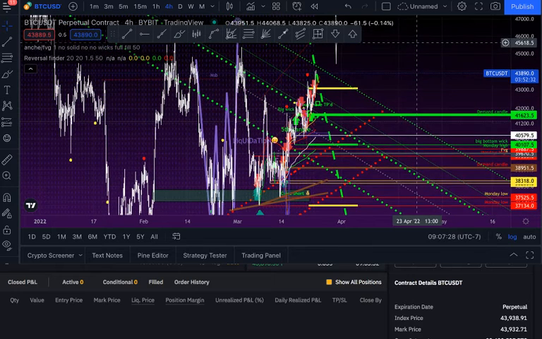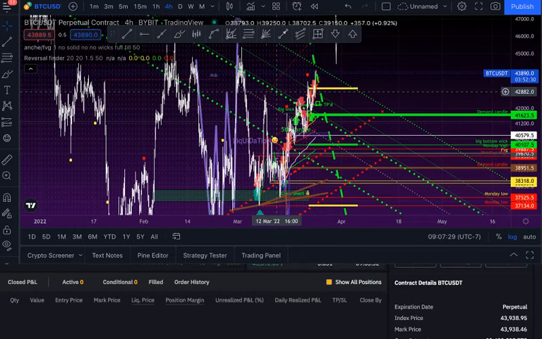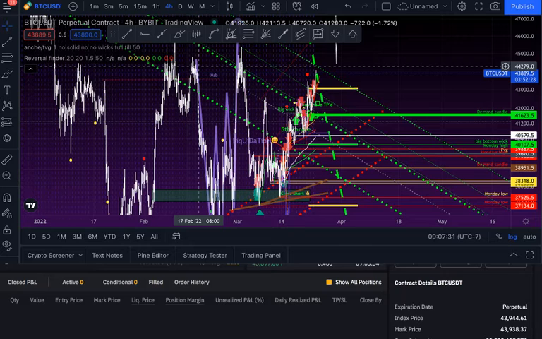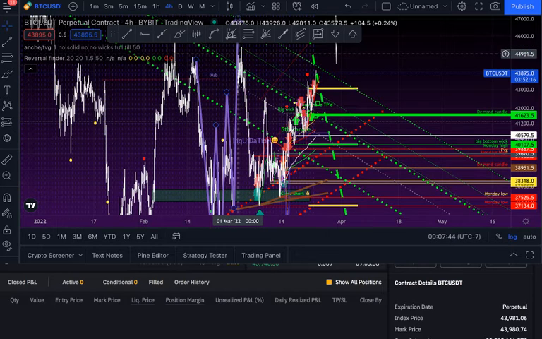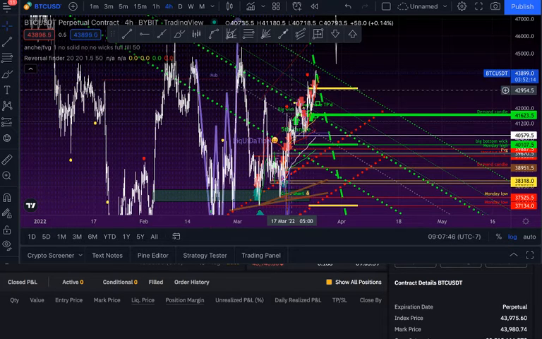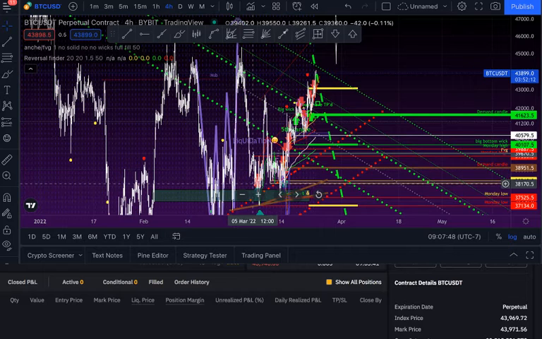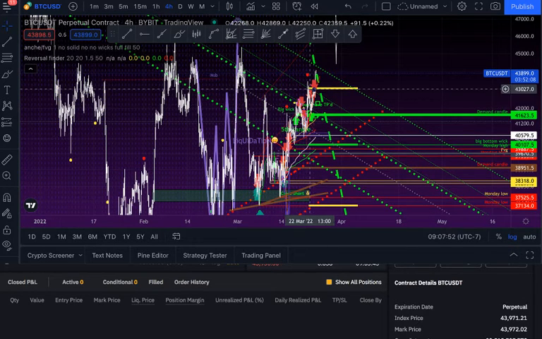So you can see these green lines and red lines forming a triangle that dates back to the middle of February, Valentine's Day. And we've broken it here, but deviated back in. And now we're retesting again, broken it, retest, and it looks like we're gonna get a pump.